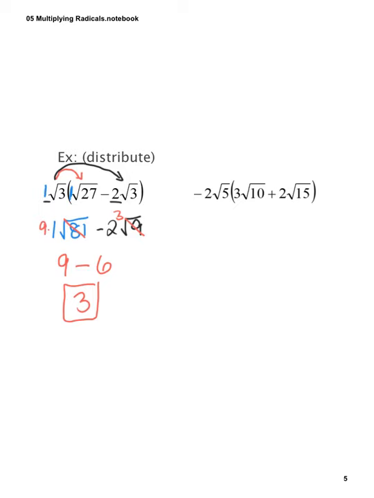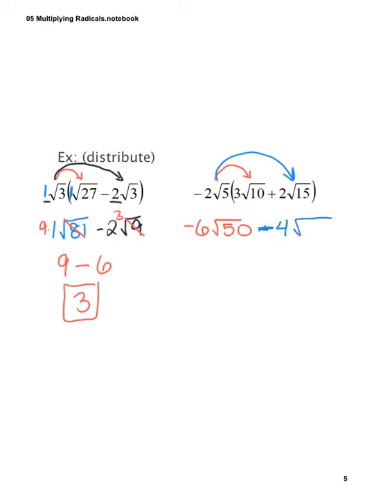If I look at the next example, if I multiply this term times this term, negative 2 times 3 is negative 6. 5 times 10 is 50. If I go to the second term, negative 2 times 2 is 4.